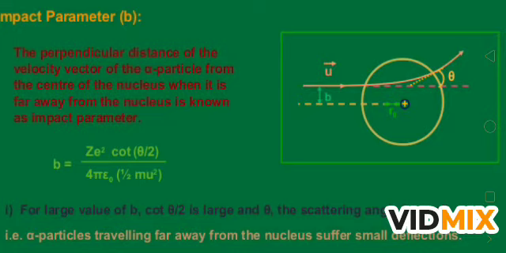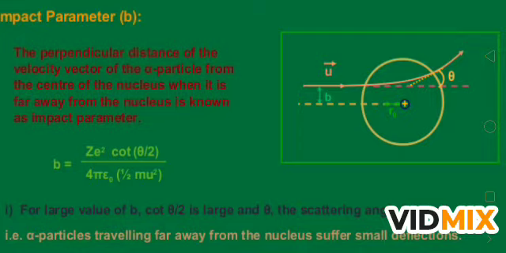If you see the diagram, b is indicated here, the perpendicular distance from the center of the nucleus of the alpha particle. So what is impact parameter? The perpendicular distance of the velocity vector of the alpha particle from the center of the nucleus when it is far away from the nucleus is known as impact parameter.